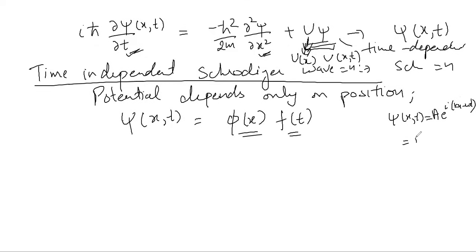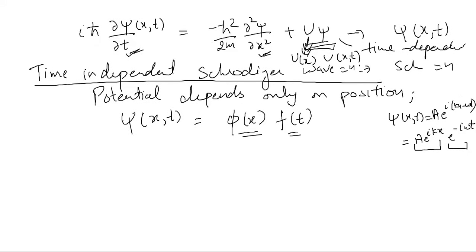We can also break it down into two components. This is the function of position only. A is some random constant, a normalization constant. The second term is a function of time only.